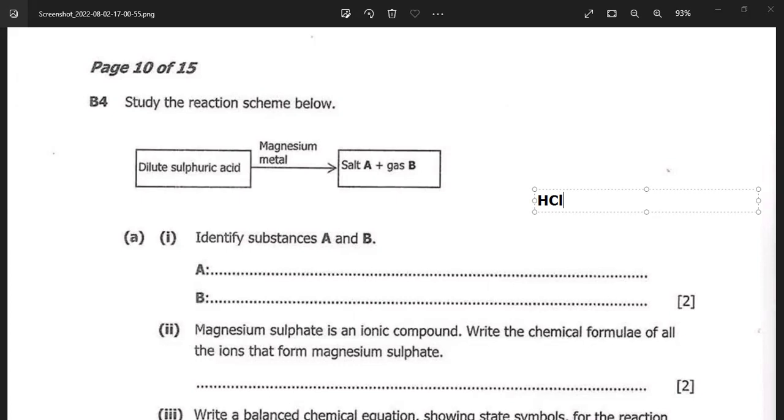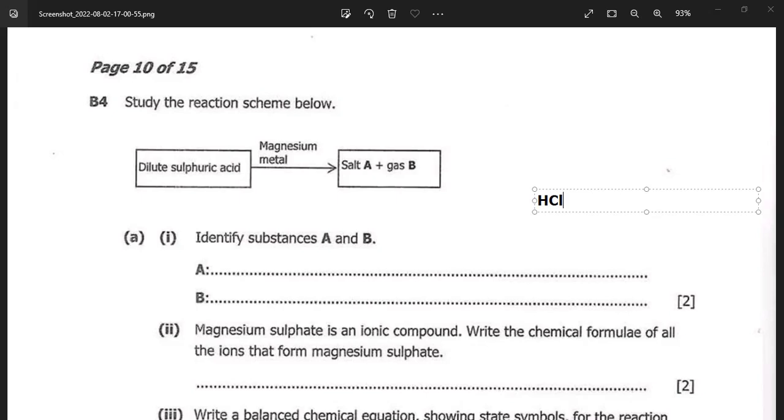Now, the radical is the one that reacts with the metal to form a salt. Because you definitely know that a salt is a substance formed when a hydrogen ion in an acid is replaced by a metal or an ammonium ion. So when a metal ion replaces the hydrogen ion in an acid, what you form is a salt.